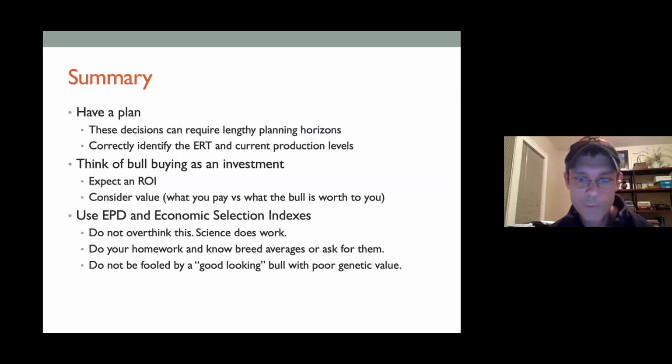And don't be fooled by a good-looking bull with poor genetic value, all right? Buy bulls based off of genetic value. And I understand concerns with structural correctness and obviously docility, right? Bulls have to pass some minimal threshold for those things. After that, I don't see the logic at all in strictly looking at the bull's phenotype.